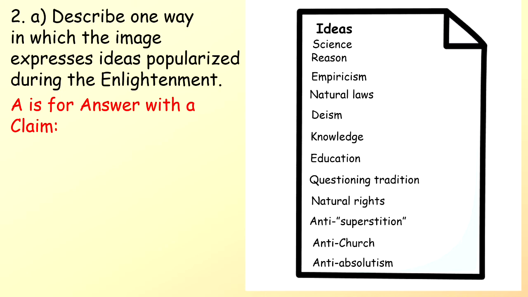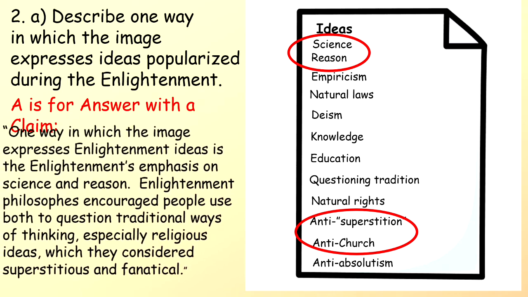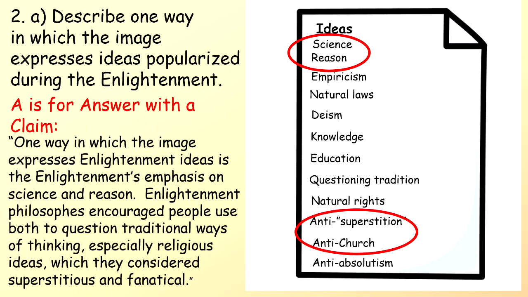Remember, we don't need that much. And so we're going to kind of choose what we like the best. And let's say we like the science and reason thing. Keep in mind that some of the things that the reverence for science and reason led to was anti-superstition, anti-church. Well, we might answer the first part of that this way.